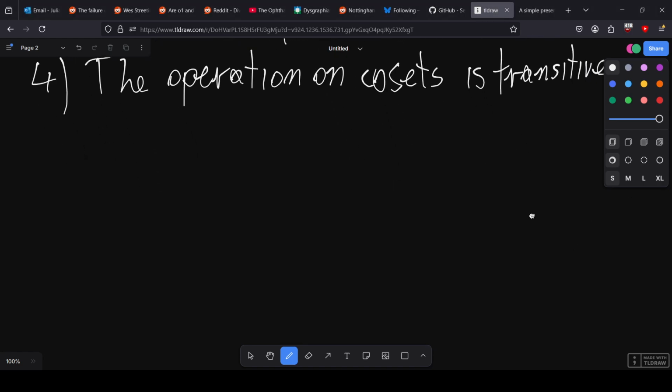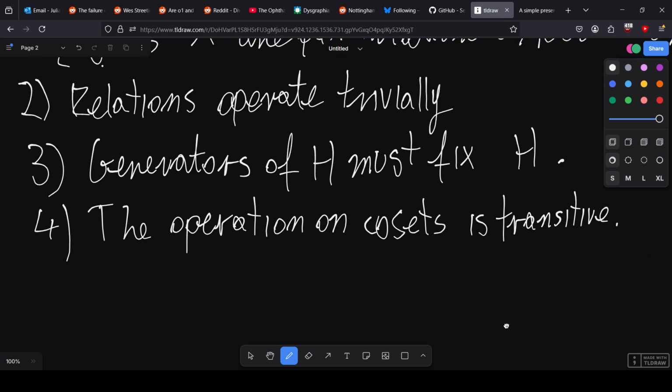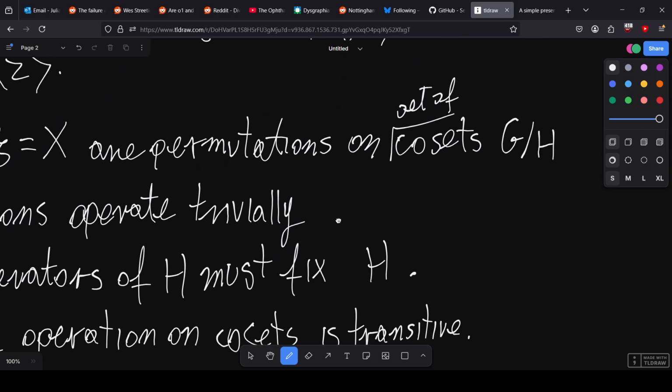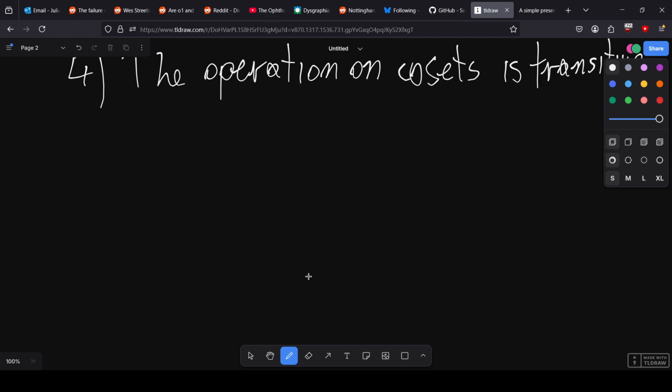Now, continuing. The point is that this is actually enough to give us everything. So, first of all, what we will do in our example explicitly, and this is where things get a little dicey in terms of notation, we will be denoting cosets as numbers.